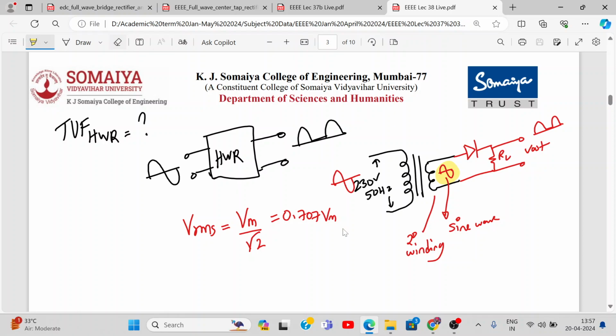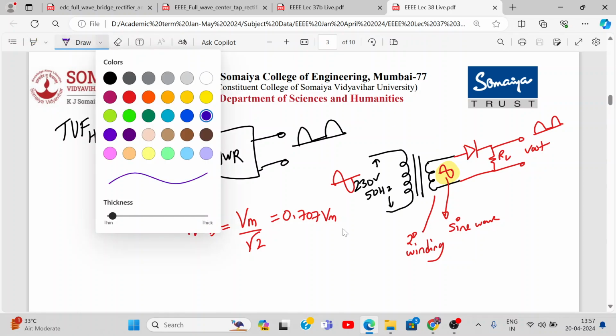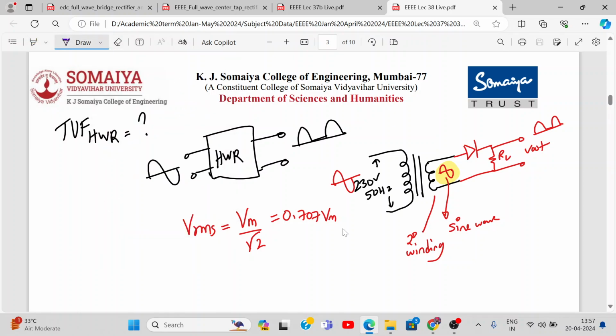Now next, the current supplied by the secondary winding of the transformer is a pulsating half wave. This is voltage, but what about the current flowing in this entire loop? Current flows for one half and not for the other half, so the current waveform will look like this, different from the voltage waveform.